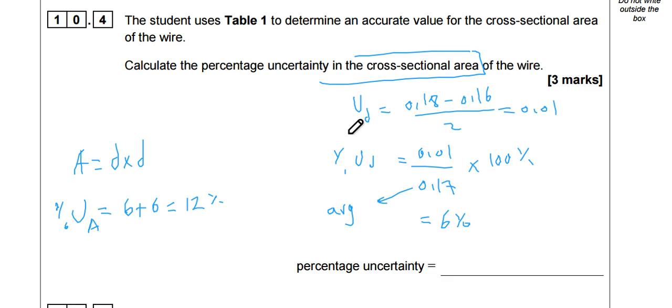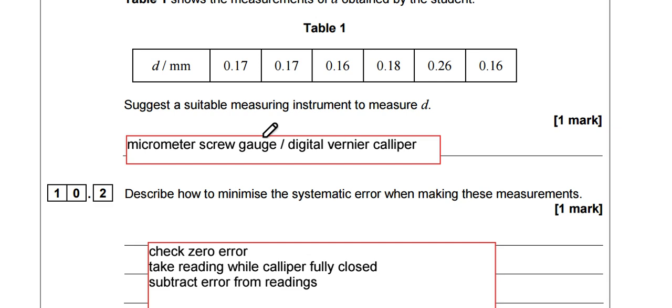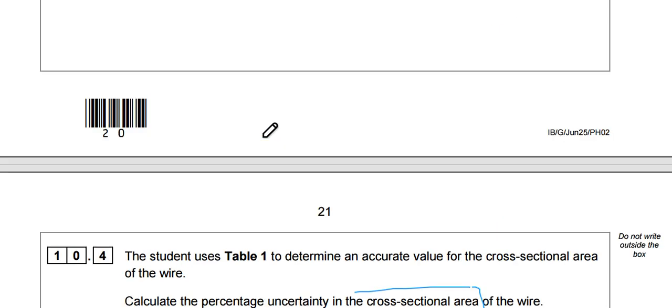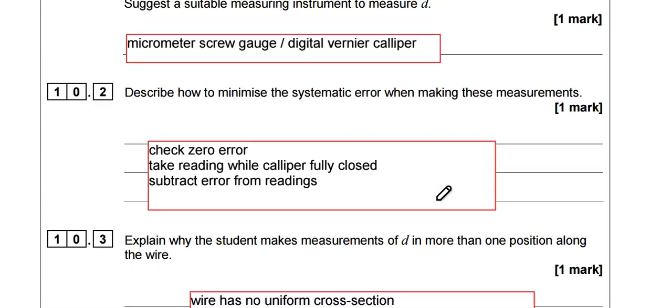And to find the uncertainty of diameter, we have a range here of measured values, so we can find half the range. This would be the absolute uncertainty. After that, we can divide this absolute uncertainty by the average value of this range.